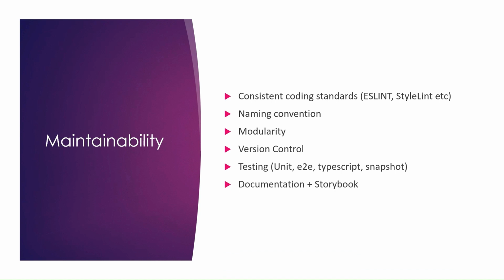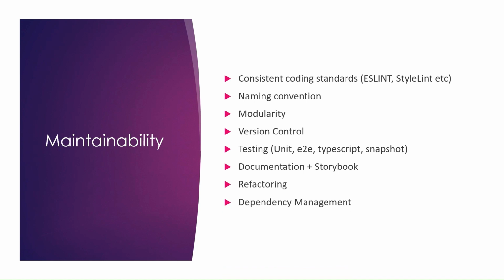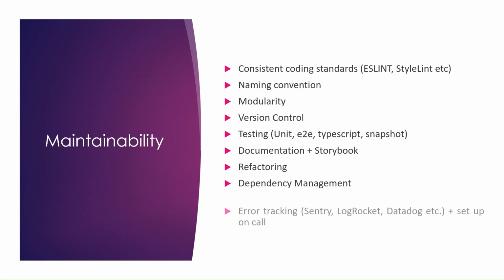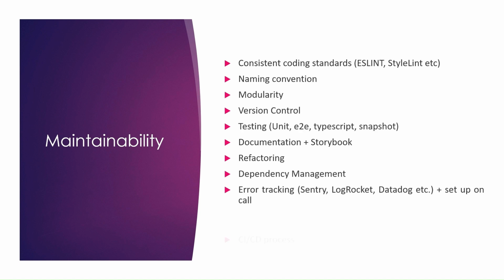Document your code base, including how it works, its dependencies, and its usage. Continuously refactor your code base to improve its maintainability. Keep your dependencies up to date and use a package manager to manage them. Use a error reporting platform that provides you with real-time insight into production deployments, like Sentry, LogRocket, Datadog, etc.